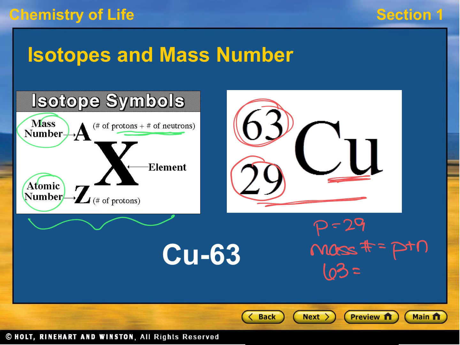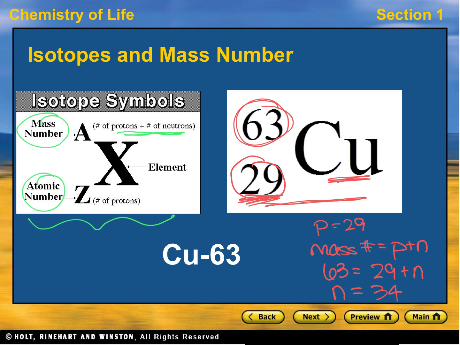That's going to equal my number of protons, which we said was 29, plus n. So I can solve my number of neutrons by subtracting 29 from both sides, saying that my number of neutrons is equal to 63 minus 29, or I have 34 neutrons.